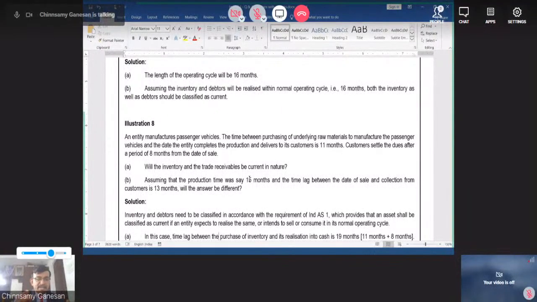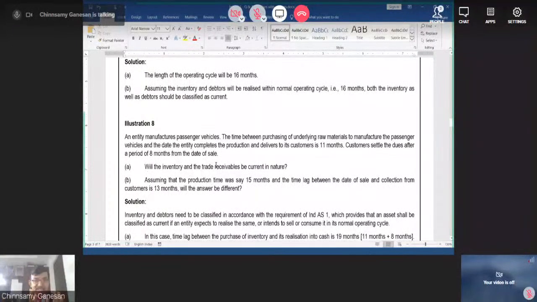So the normal operating cycle is the holding period of raw material, WIP and finished goods, and the collection period of debtors, the cash to cash cycle. So in our example, it is 11 months plus 8 months, 19 months is the operating cycle.